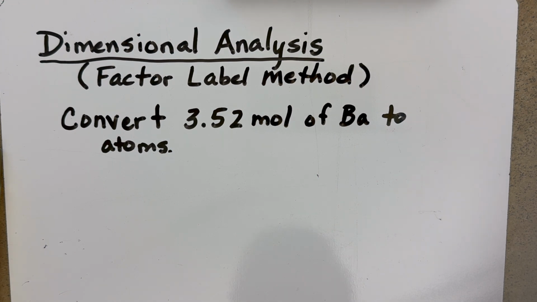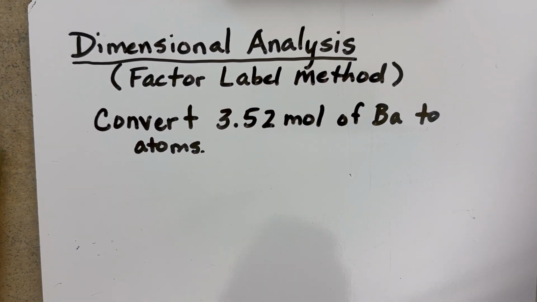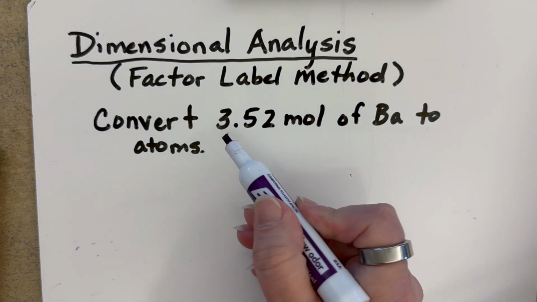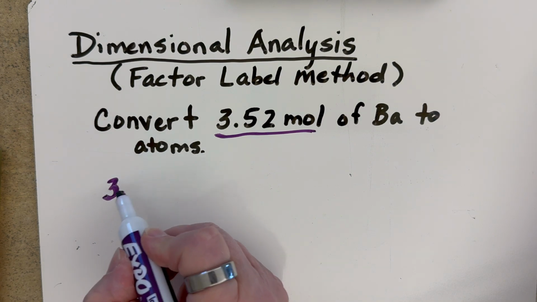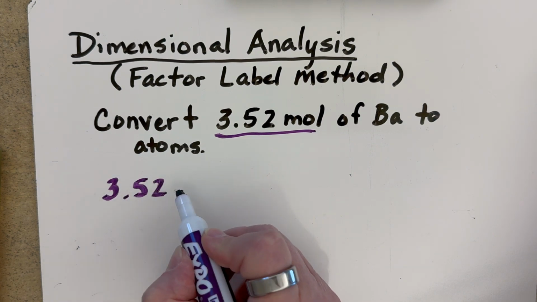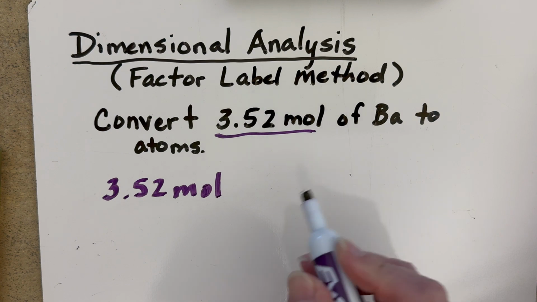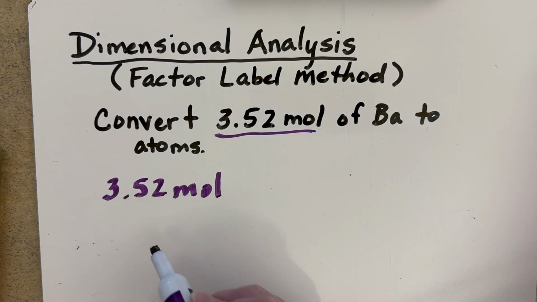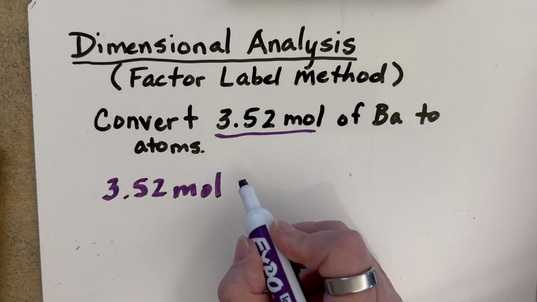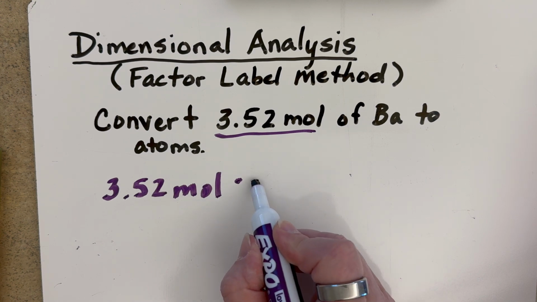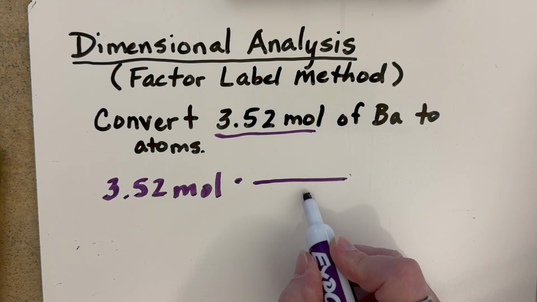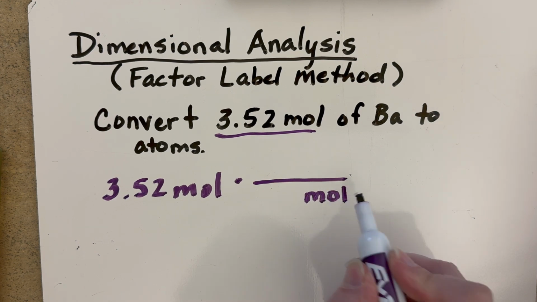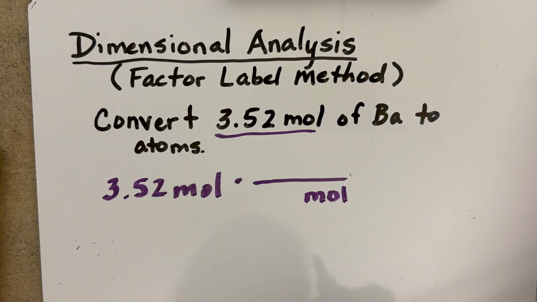The way that we work this out is we start with whatever we're given. So in this problem, we are given 3.52 moles. So we start with 3.52 moles, and that's over 1, which of course you don't have to show. So our conversion factor always has whatever this unit is on the bottom, so that this unit will cancel with that unit.